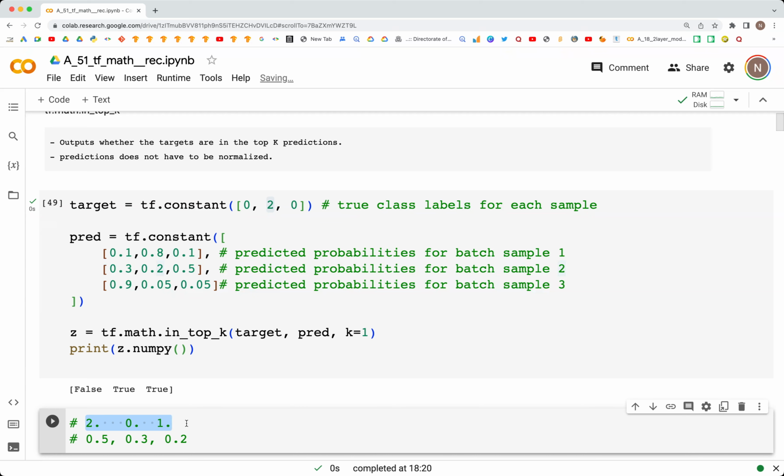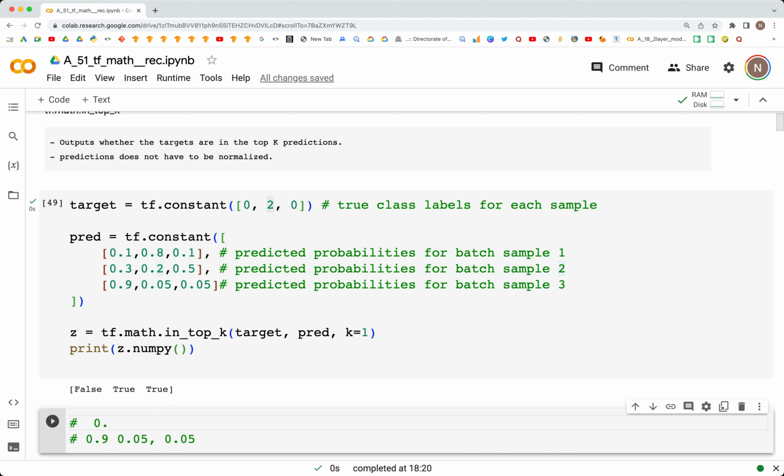Likewise, if we look at the last case, let's remove these. In the last case what we have is the probability of 0.9, followed by 0.05, followed by 0.05. Now if we look at the class for the 0.9, it is class 0.